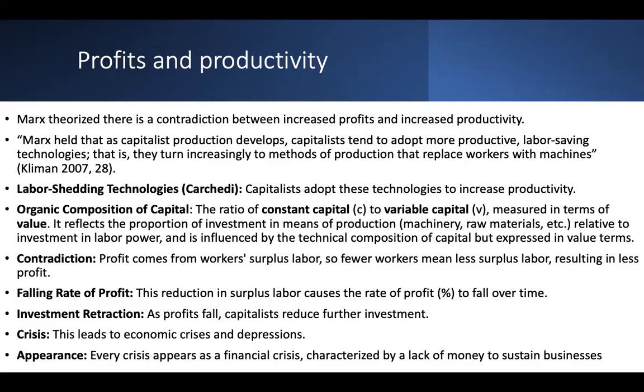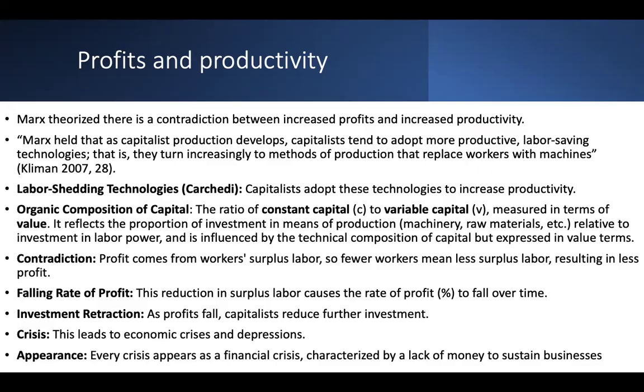The organic composition of capital derives from that, but now you're not just looking at the quantitative amount of machines versus workers, but the dollar amount, if you will, of constant capital to variable capital. How much money is being spent on constant capital versus how much money is being spent on variable capital. There's a third concept in this too called the value composition of capital, but I'm trying to keep things as simple as I can. So basically, what happens?